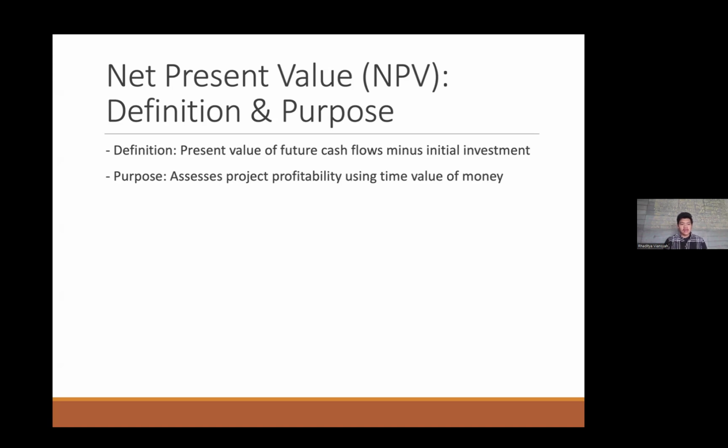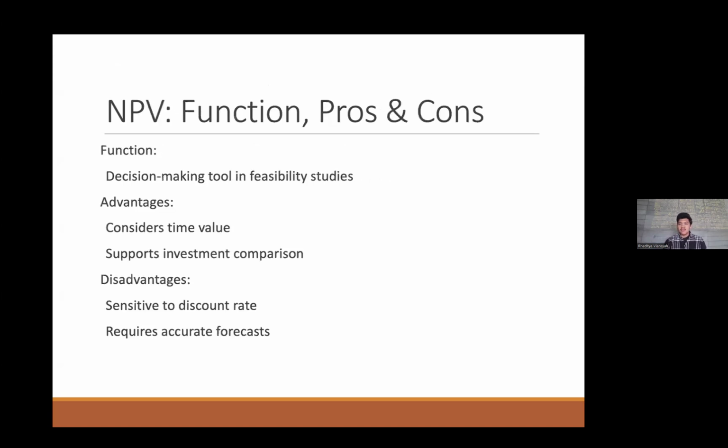And the most crucial thing is to calculate the NPV so that we know whether the value of the NPV is positive, so the project is financially viable. Okay, moving on to the next slide, we have the function, the advantages, and the cons or disadvantages, like I said before.